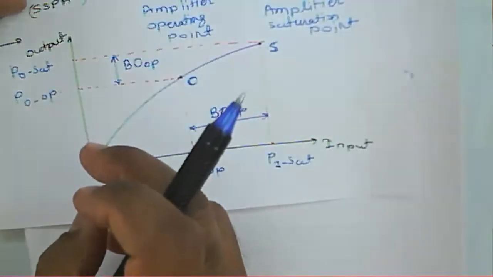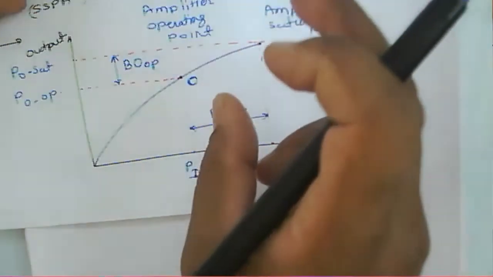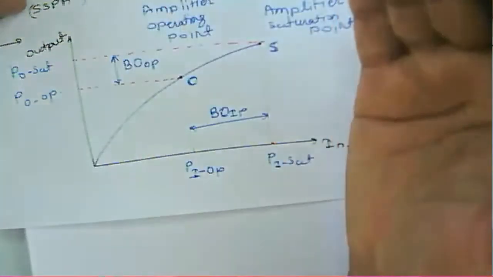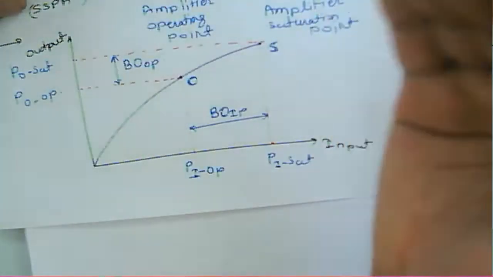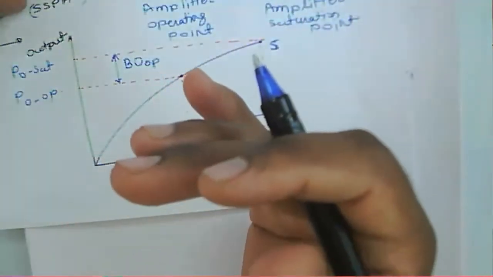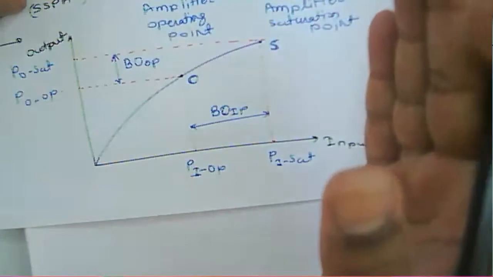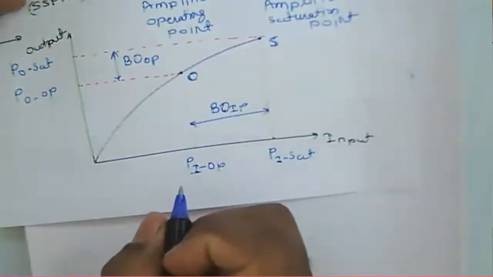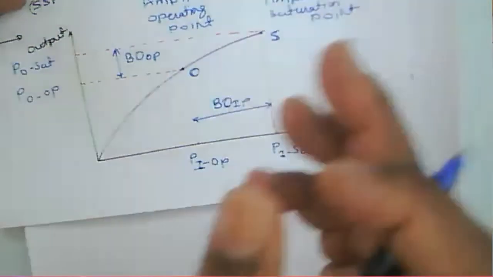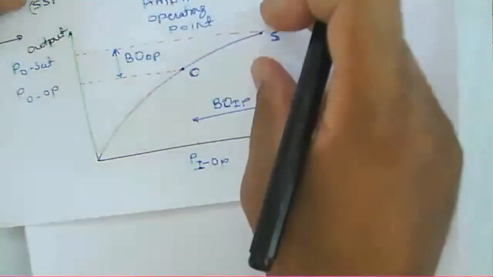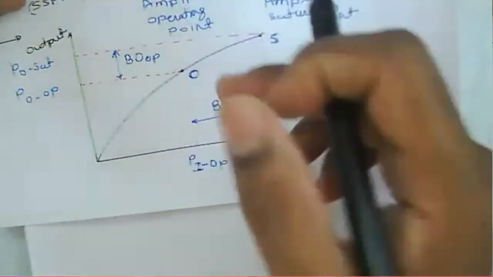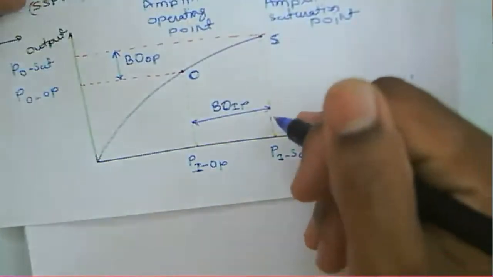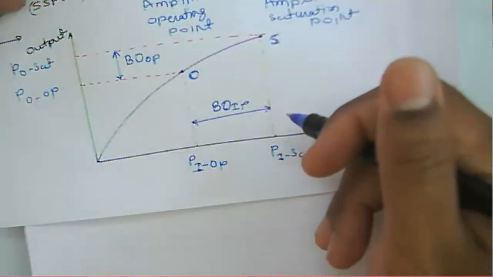then what will happen? The transmitted signal from this particular transponder will result in a reduction in the carrier to noise ratio at the earth station. Means from the transponder, if output power is reduced, then at the earth station the carrier to noise ratio is reduced.